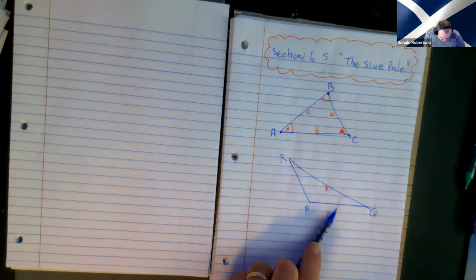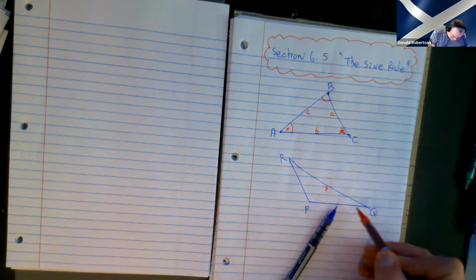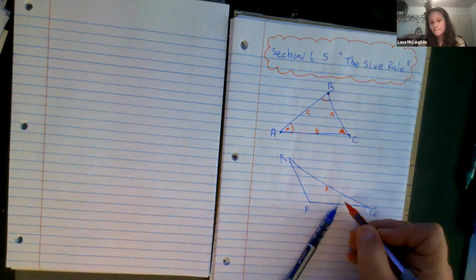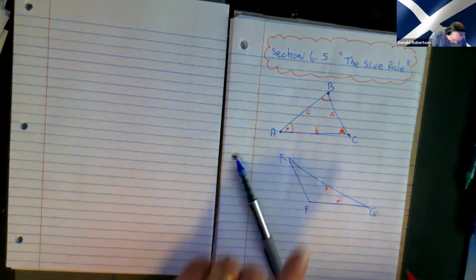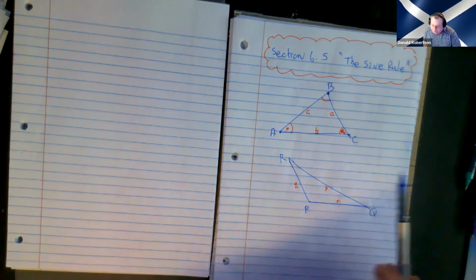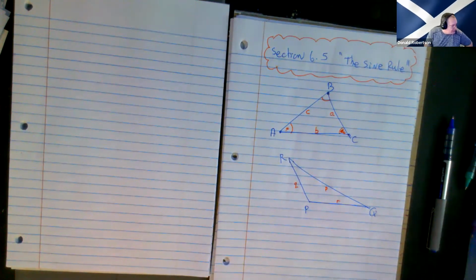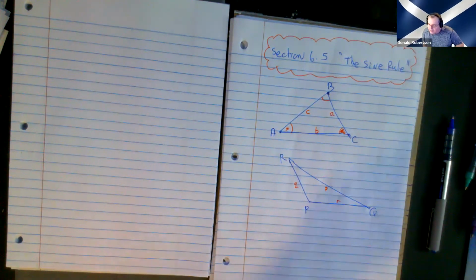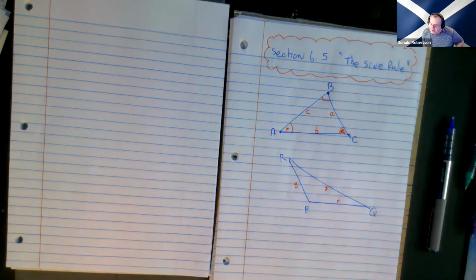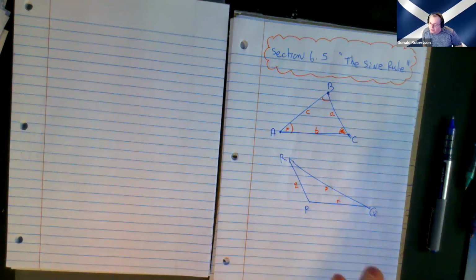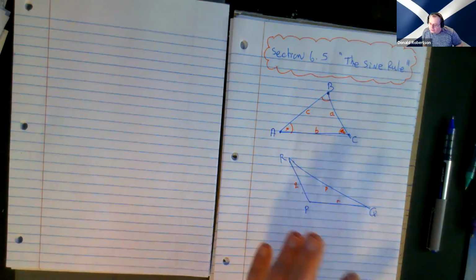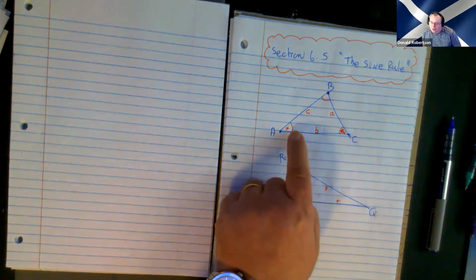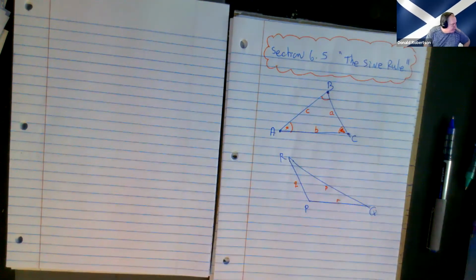And this side down here is little r. And pretty obvious that that's little q. Are we comfortable now that if I gave you a triangle and called it ABC, DEF, PQR, whatever, you'd be able to name the sides little a, little b, and little c? It all depends on what the capital letter angle is called.